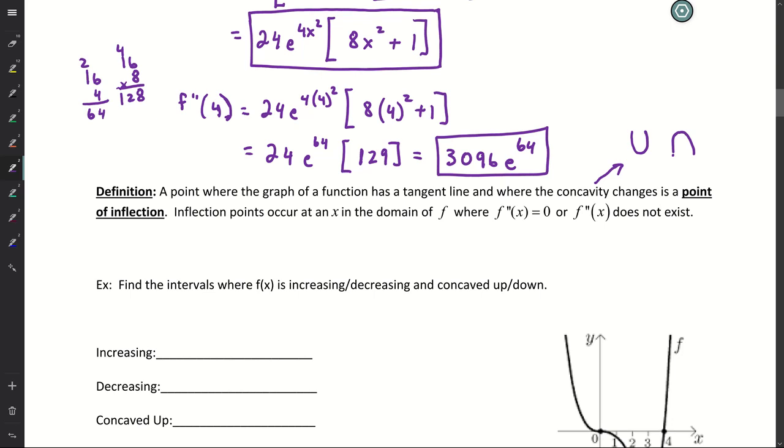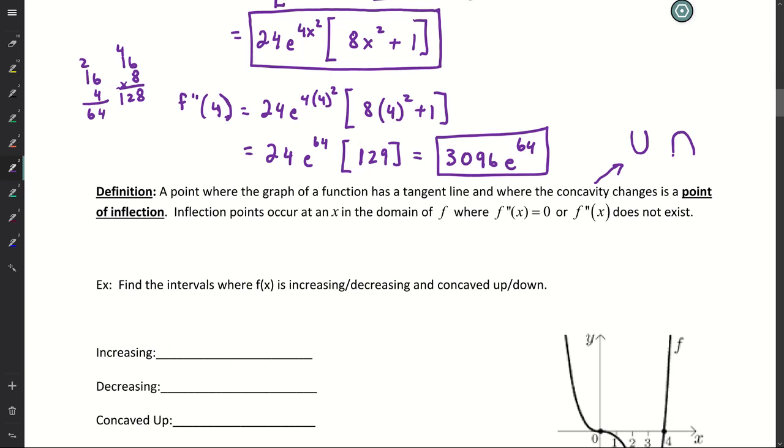An inflection point occurs at an x in the domain where the second derivative is 0 or where the second derivative does not exist, where it's undefined. This sounds vaguely familiar. When we did relative extrema and we were finding critical numbers, we found where the first derivative was 0 or where the first derivative was not defined.